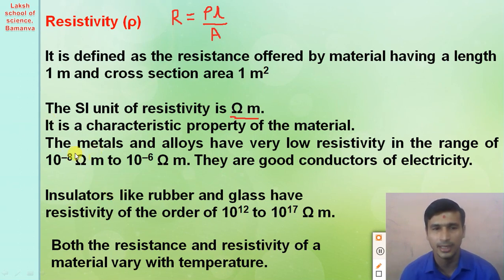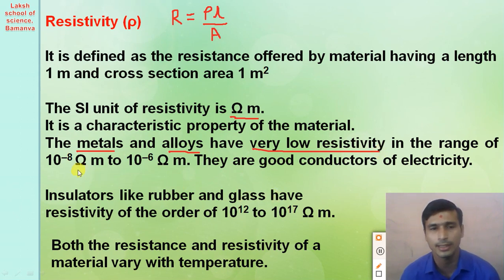You know that metals are good conductors of electricity, and alloys are also good conductors of electricity. So metals and alloys have a very low resistivity.